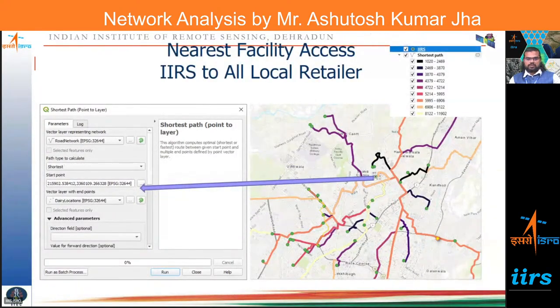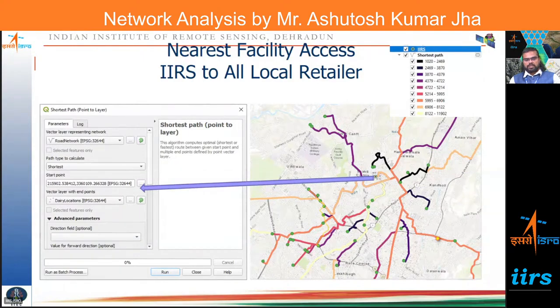Then in the case of service area analysis, from the start point we would like to reach all the facilities, that is, the distance from a particular point to all the locations of a particular facility. These facilities can be hospitals or maybe schools, which can be reached from one point to another.